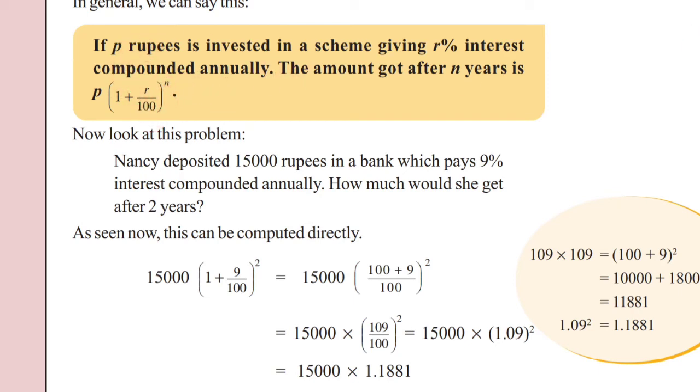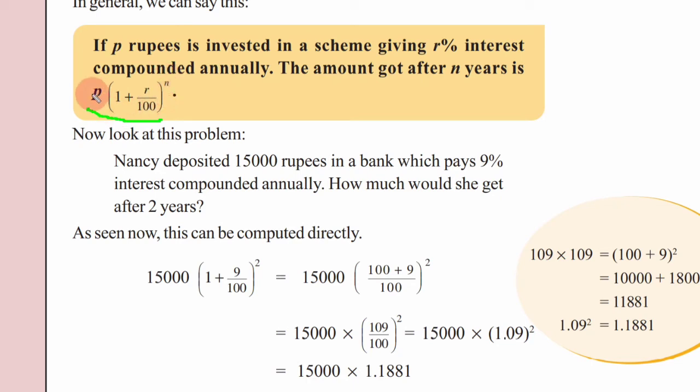This is the equation. What is the equation? Yes, P into 1 plus R by 100 raised to n. Okay, where P is the amount we deposited, R is the rate of interest, n is the time period or the number of years.